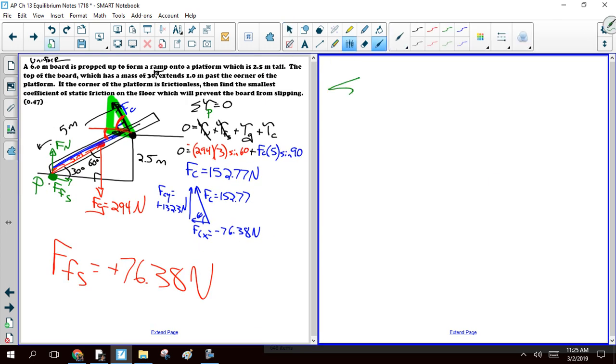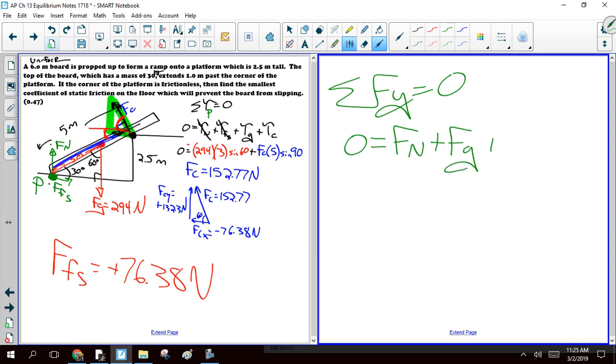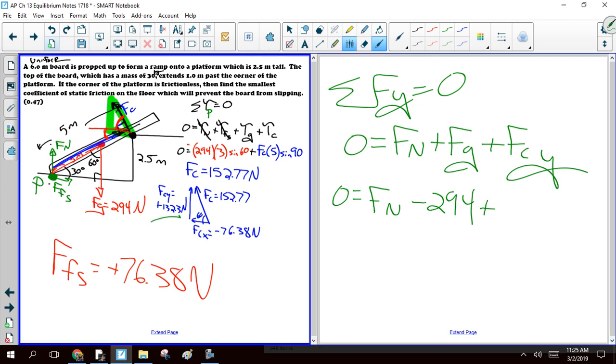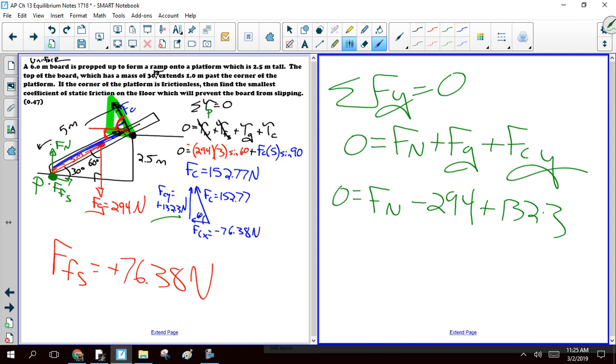And then similarly, we know that our net force in the y direction also has got to be 0. So 0 equals the net force in the y direction: normal force at the floor plus gravity plus the force from the corner in the y direction. So 0 equals normal force minus 294 from gravity. Notice it's a negative force because it's down. Force from the corner vertically is the 132.3. Solve this.